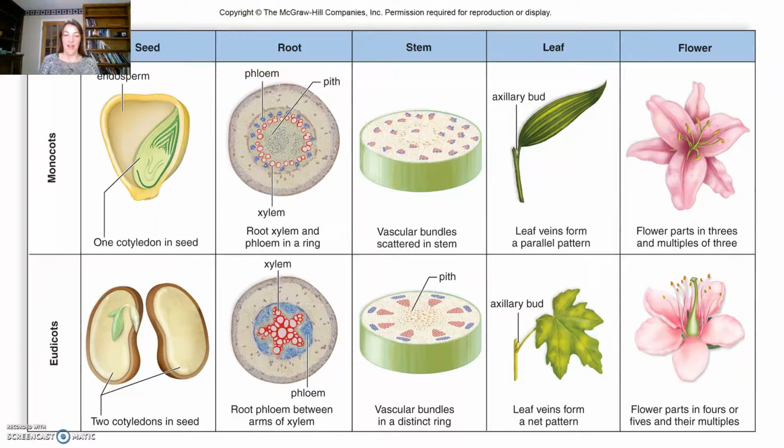Their flower petals can be in patterns of 4 or 5. Now, if you happen to find a plant with 12 petals, you're going to have to look at other things to help you determine if it's a monocot or a eudicot. So make sure you memorize this chart. It's going to save you throughout the semester, especially when you get more detail about the plants.